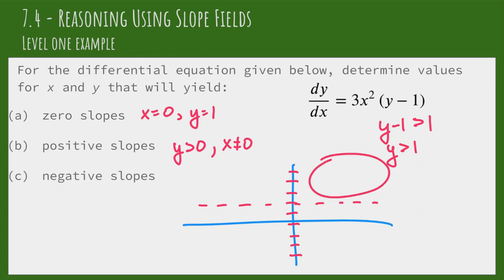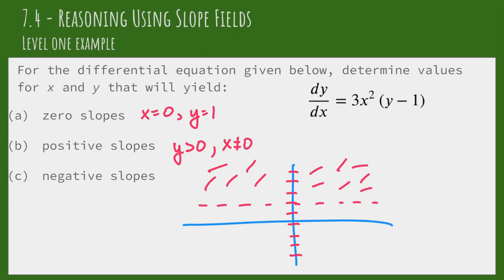So in this region here and in this region here, we expect to see positive slopes. Now, some might be steeper or less steep than others. We were not asked in this problem to actually create a slope field, but we would expect to see positive slopes in those regions.